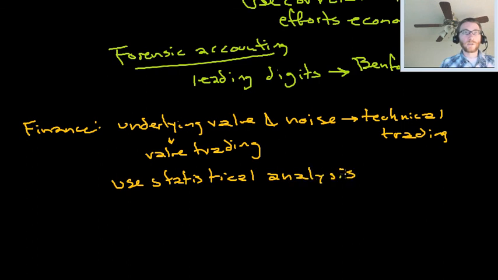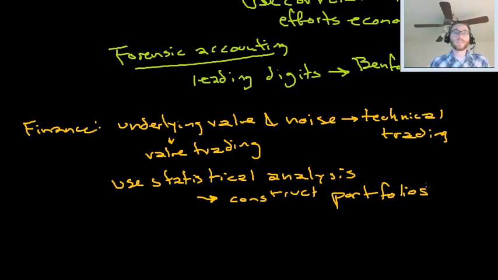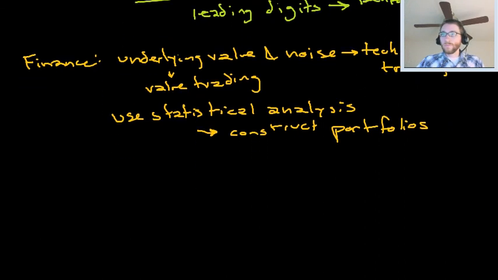They can use this to construct portfolios that will satisfy their clients' preference for risk. In all of these cases, statistics is just helping people do part of their job, and what that part of their job ultimately means is that they're trying to construct meaning.